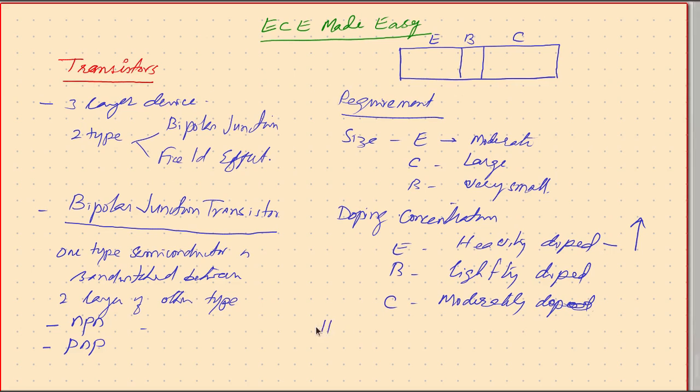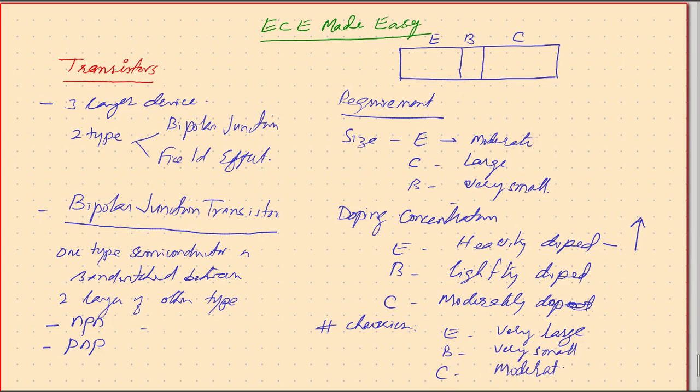So if you talk about number of charge carriers, emitter, very large number of charge carriers are generated. Base, very small number of charge carriers, and the collector, moderate amount of charge carriers are generated.